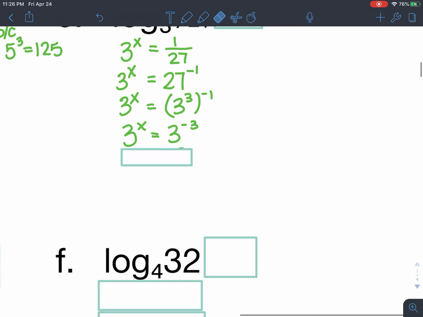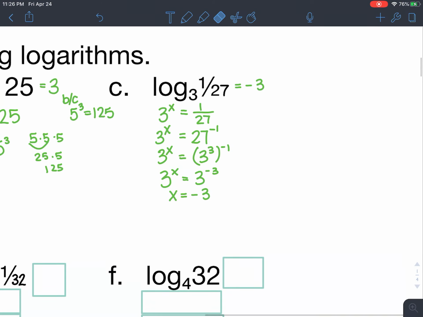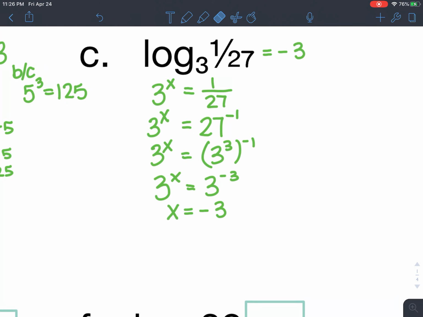So that would mean 3 to the x would equal 3 to the negative 3. So that means that x has to be negative 3. So log base 3 of 1 over 27 is negative 3. Now, it's a little slow going in the beginning, but as with most things, the more you practice, the better you get at it.